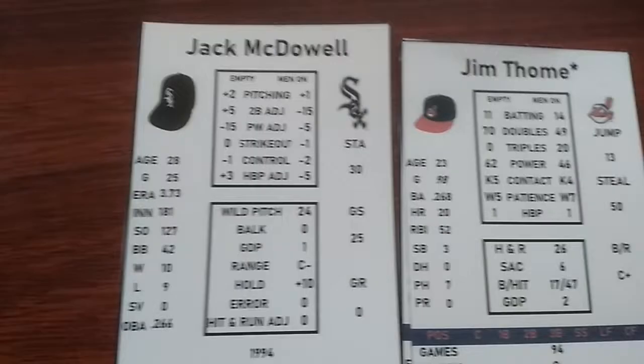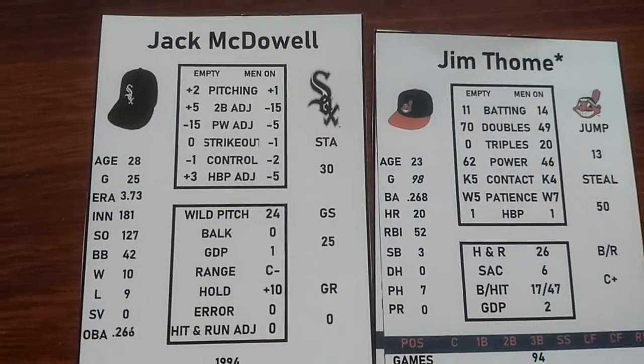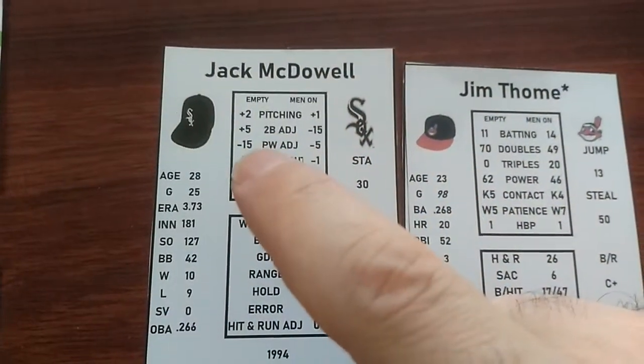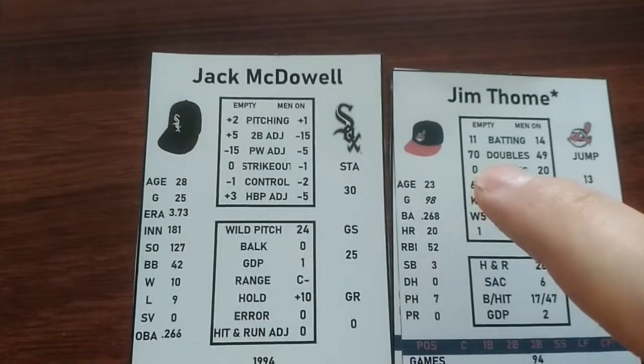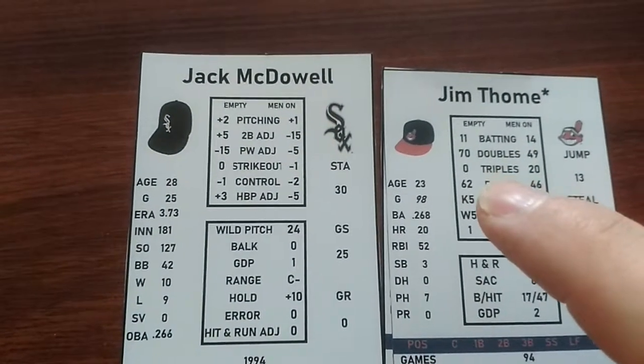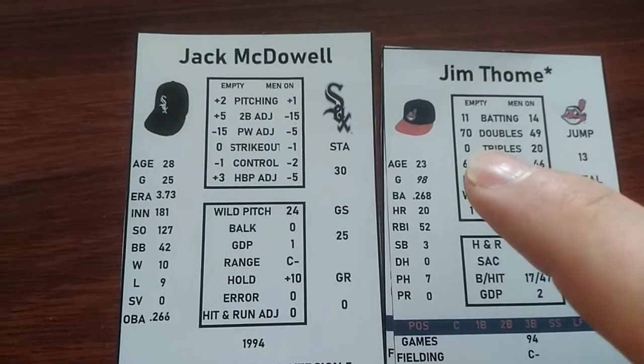We look at Jim Thome with bases empty. He's got doubles ratings of 70 or 70%. Jack McDowell has got a double adjustment of +5. So he would take him up to a 75 or a 75% in a double with balls in play, bases empty, if a double check comes up.